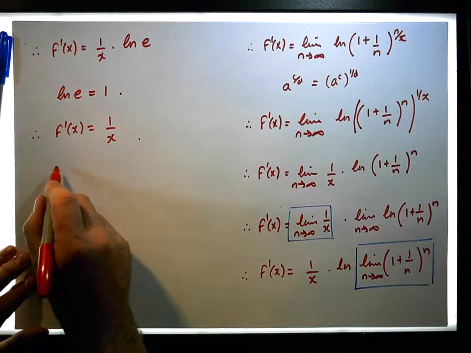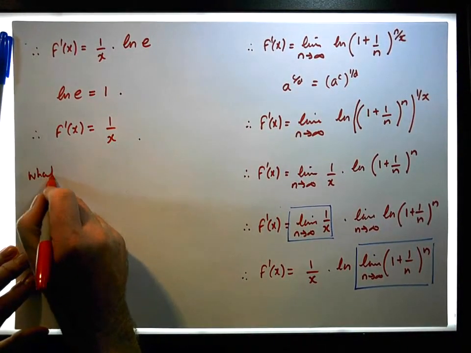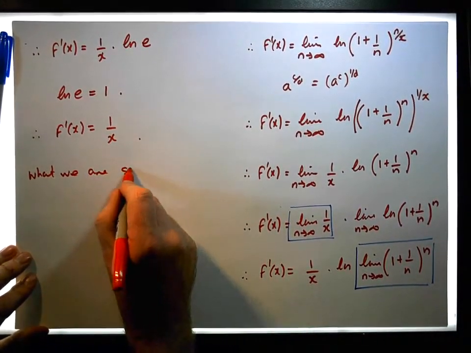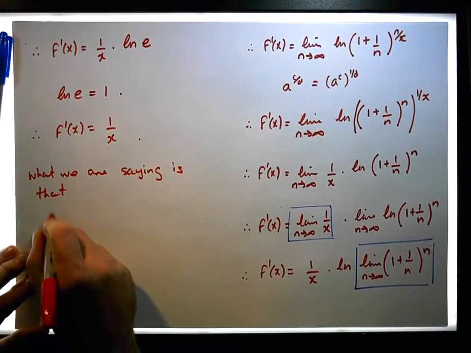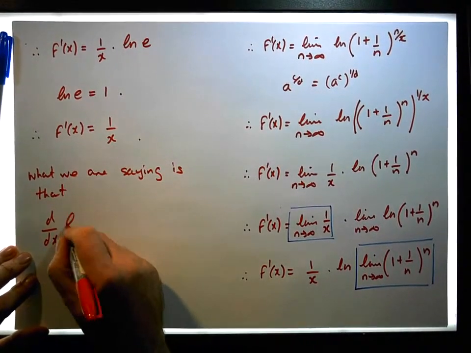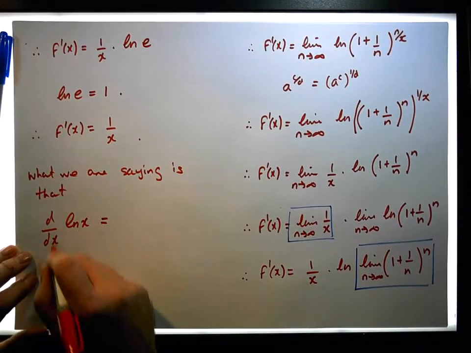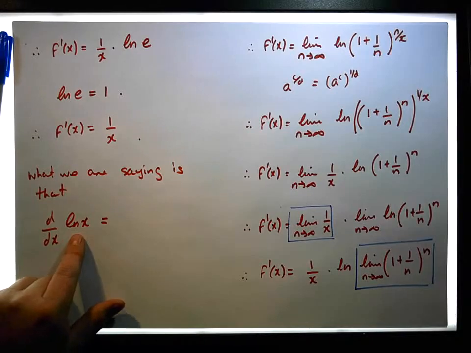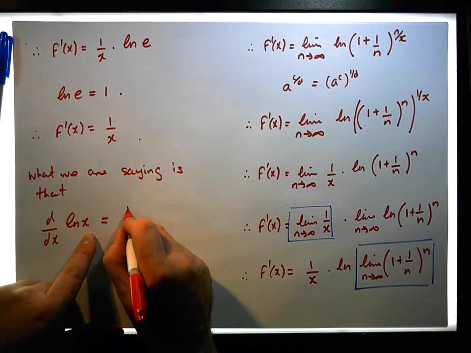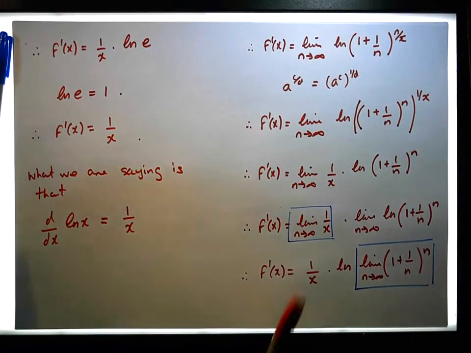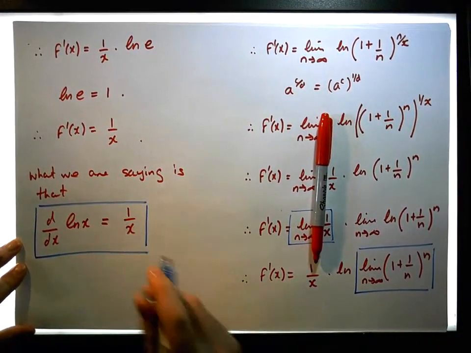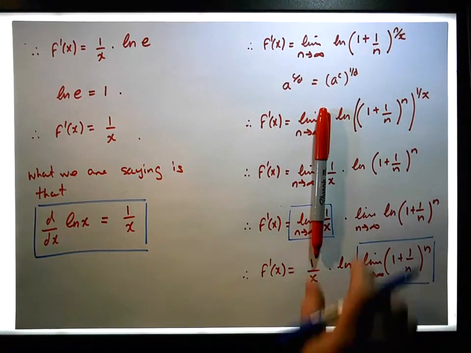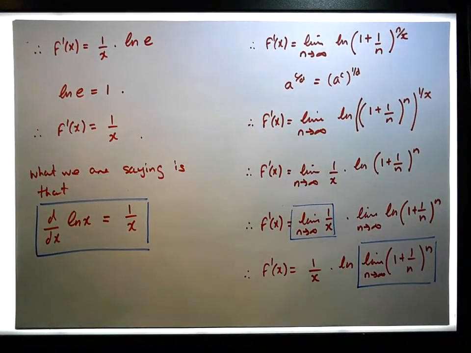What we're saying is that the derivative with respect to x of the natural logarithm of x is equal to 1 over x. That's what we wanted to show from first principles, the derivation of the natural log function, which is exactly what we've just done here, if that makes sense.